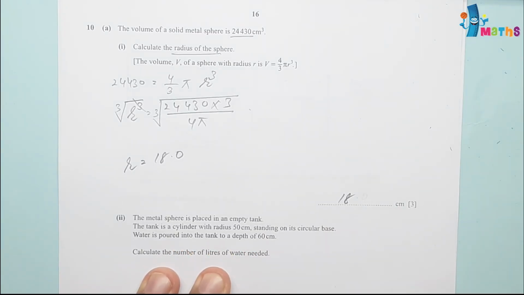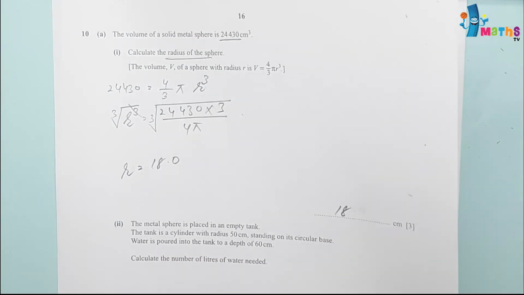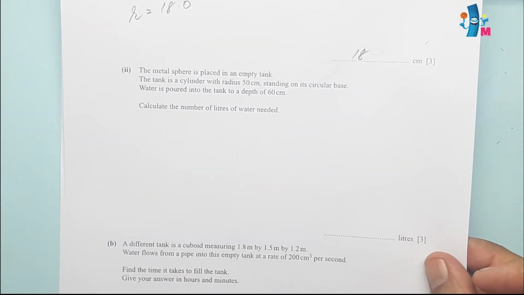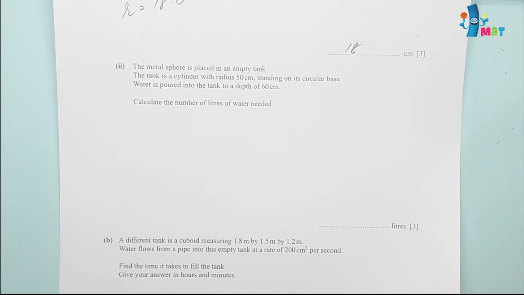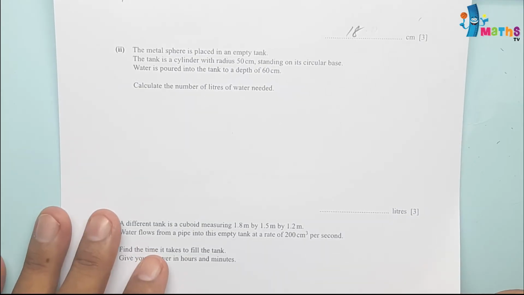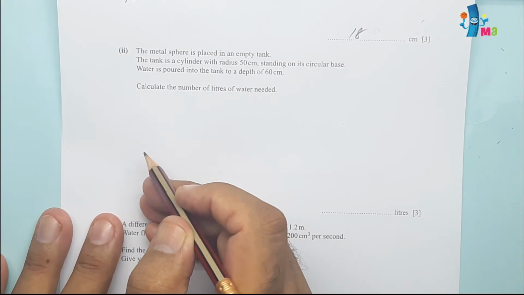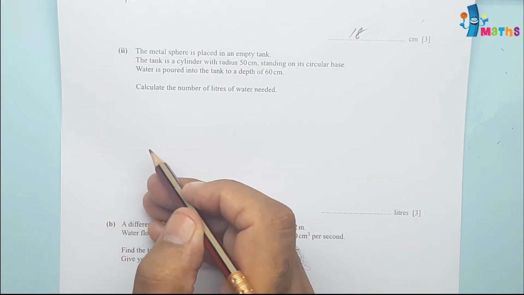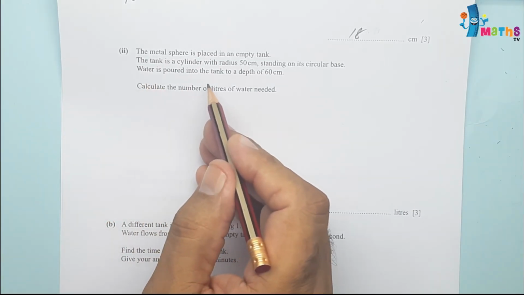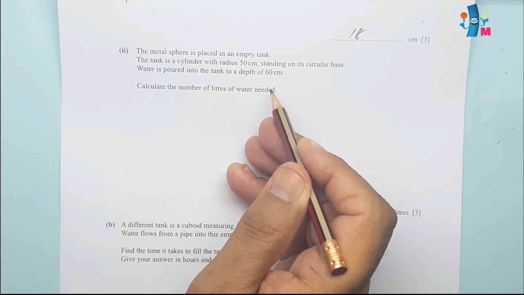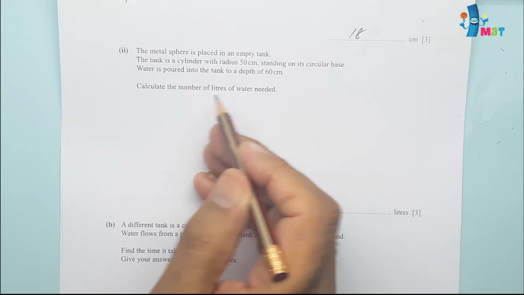Second part, the metal sphere is placed in an empty tank. The tank is a cylinder with radius 50 centimeters standing on its circular base. So the base is a circle. Water is poured into the tank to a depth of 60 centimeters.